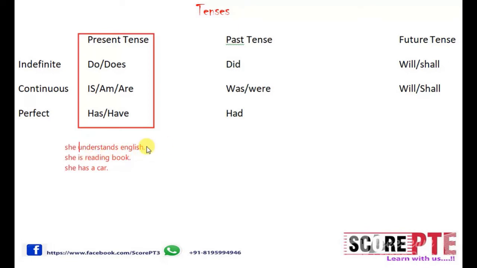Now what we have to do is, I am writing another word with does and do. "She does not understand English."